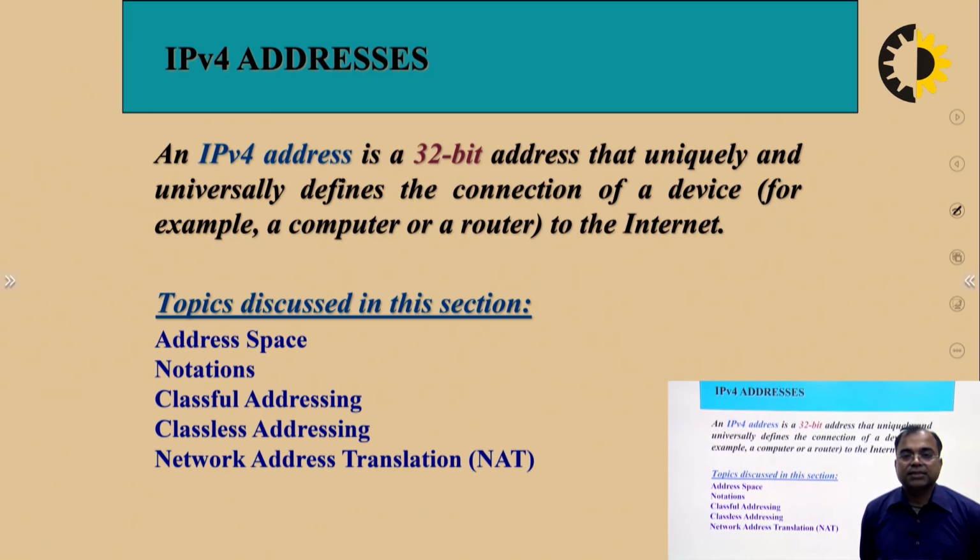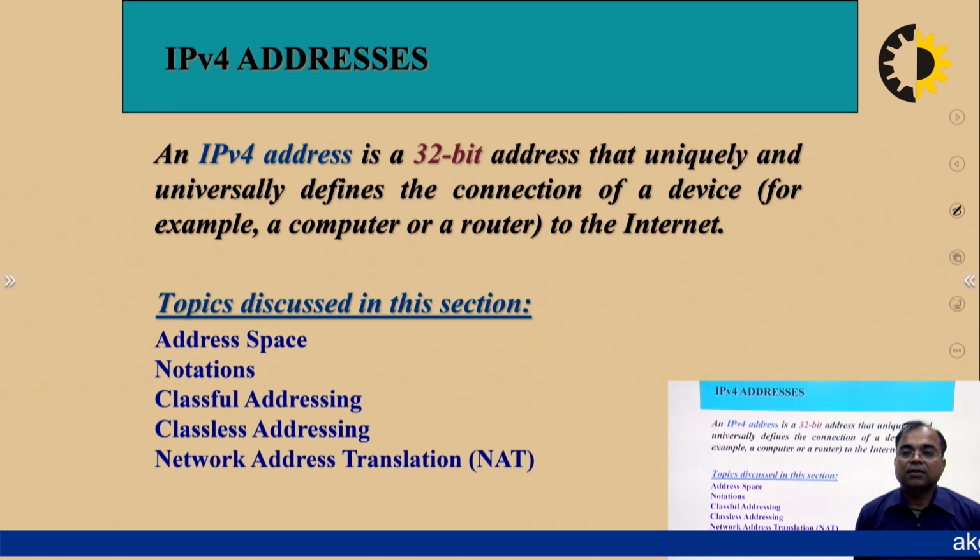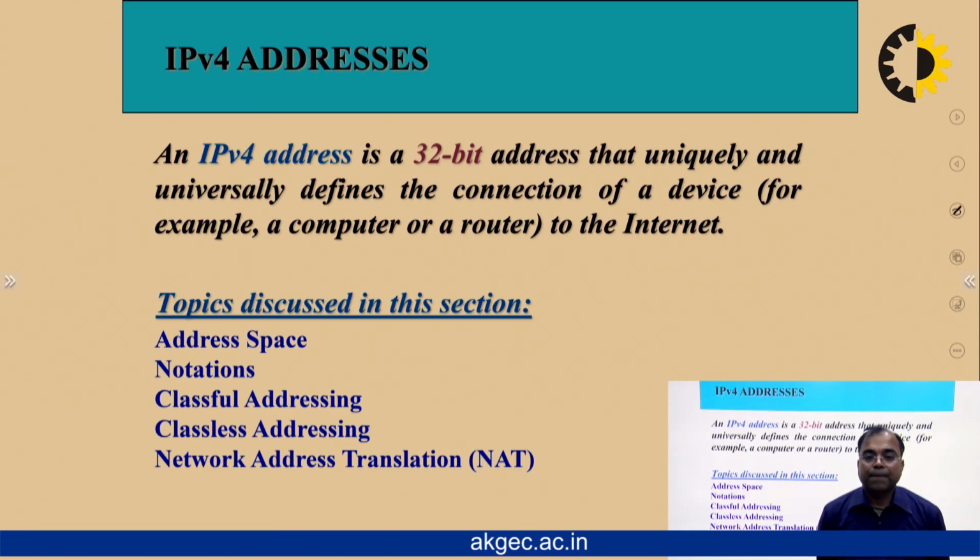The physical address is concerned with the device, and it is given by the manufacturer. When they manufacture the device, they insert the MAC address, which is called the physical address, medium access control address. It is an inbuilt address and can never be changed once it is born in a device.